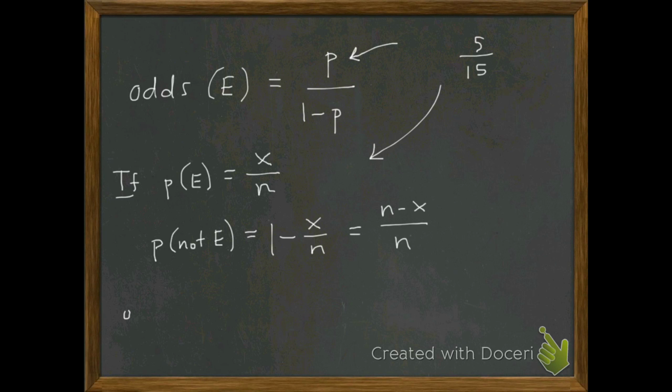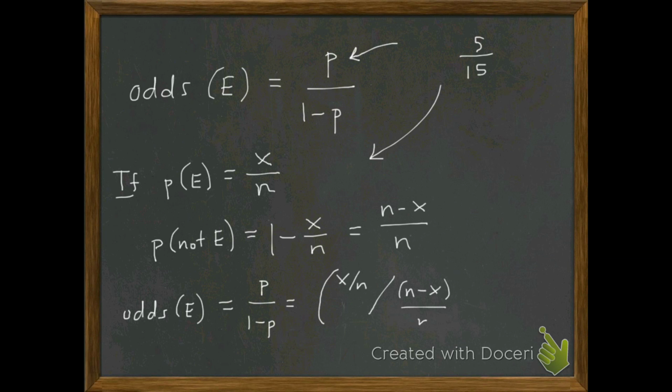So guys, the odds, therefore, of the event E, which can be seen as p over 1 minus p, could also be seen as x over n divided by n minus x over n, which is just x over n minus x.